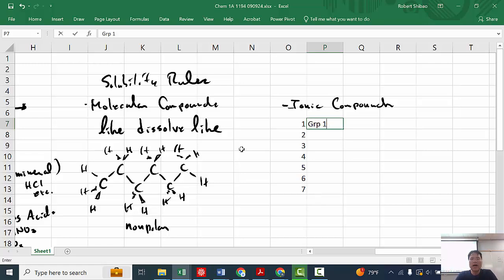Group 1, which are the alkali metals, and ammonium. What's the formula for ammonium? Ammonia is NH3, but ammonium is NH4, and the charge? Plus, yeah. So ammonium. Group 1 and ammonium salts are all soluble. Now, are these solubility rules or solubility laws?